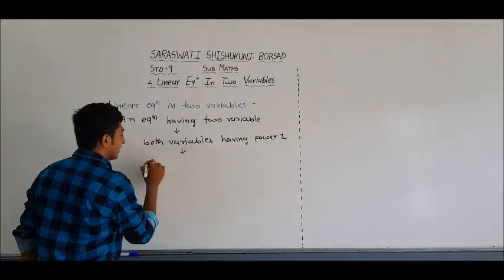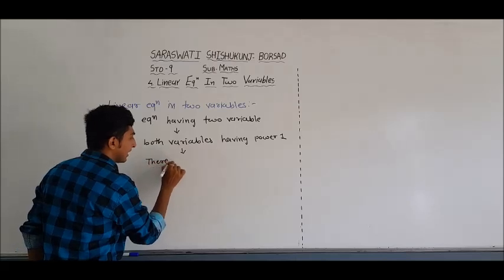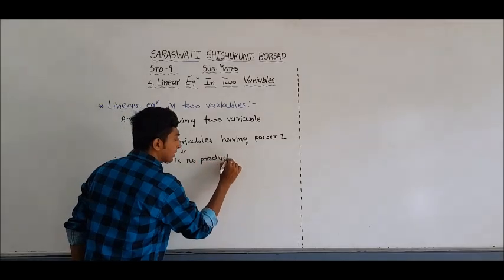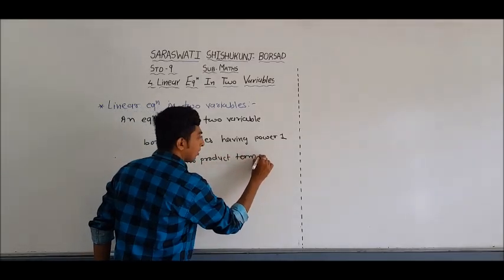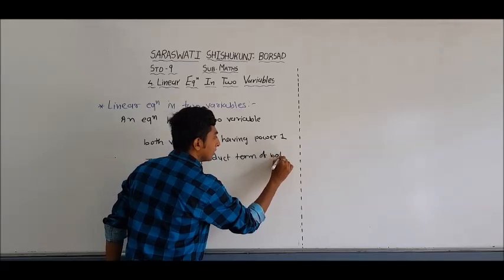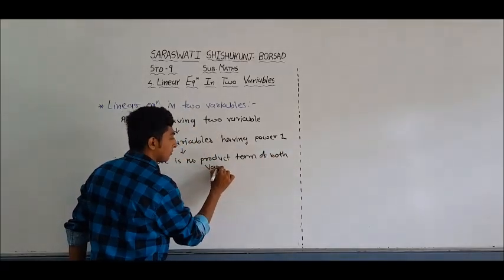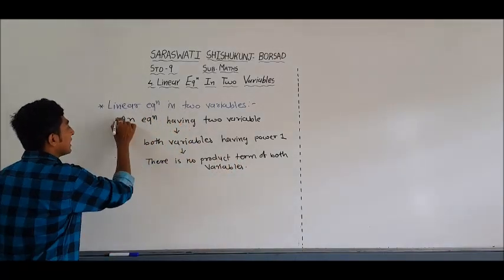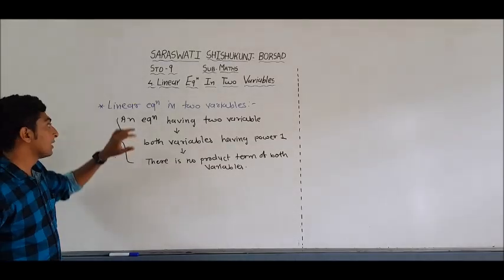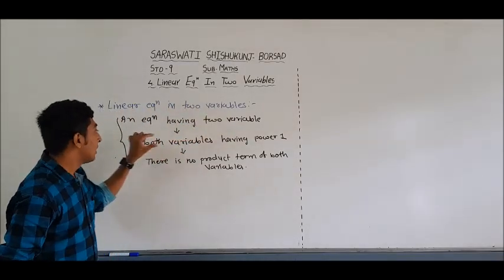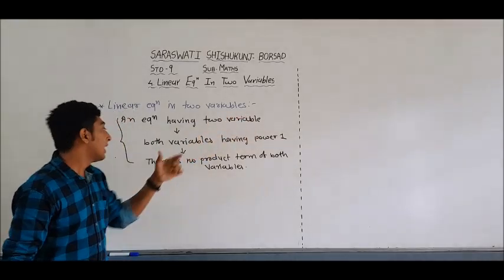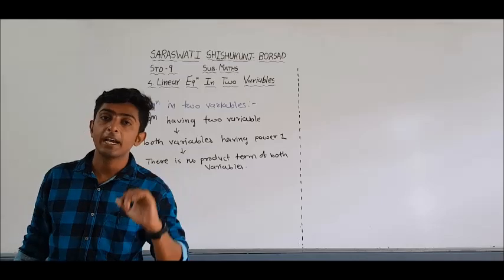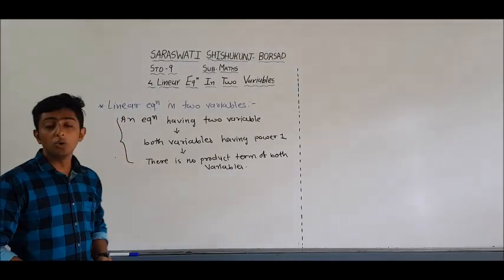And third, there is no product term of both variables. All three conditions are necessary. An equation having two variables, both variables having power 1, and no product term of both variables is called a linear equation of two variables.